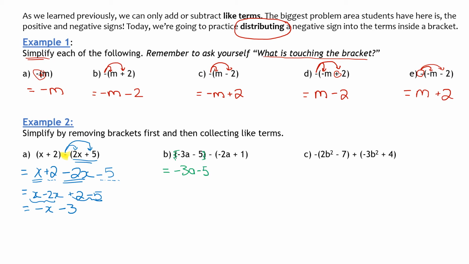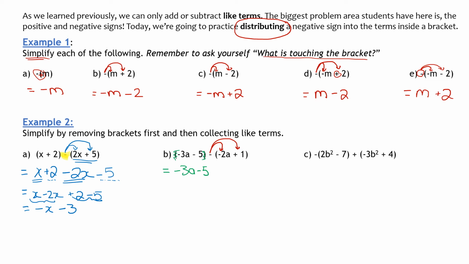Now we're not quite as lucky with our second bracket. In front of our second bracket, we have a negative sign. So we have to distribute, just like we did in the questions above, the negative gets distributed in here and in here. It does not get distributed backwards this way. That's not what happens. It only gets distributed to the numbers that are coming after it up until the bracket.